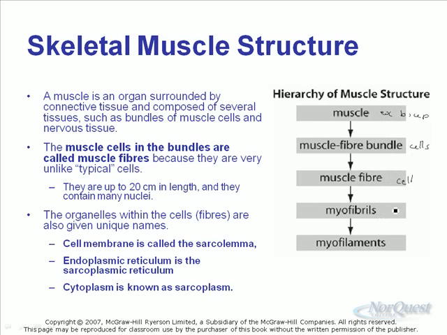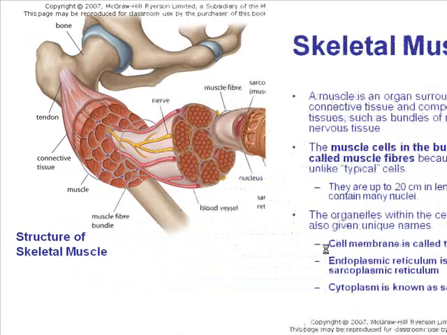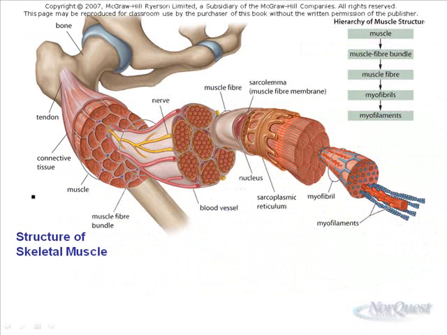The myofibrils are bundles of proteins inside of each cell. And the myofilaments are the actual proteins. And it turns out that this is what we're going to be spending our time talking about. It's the functional unit of our muscle, or it's these proteins interacting that cause our muscles to contract.